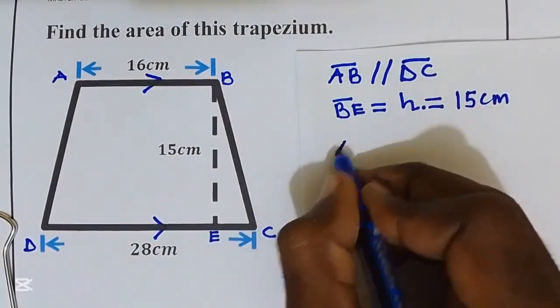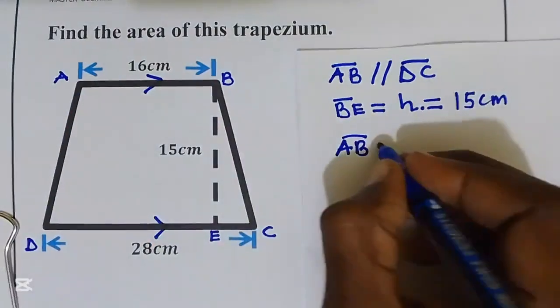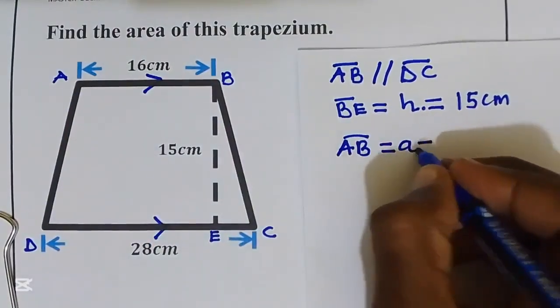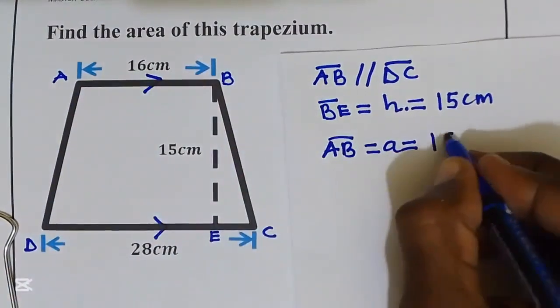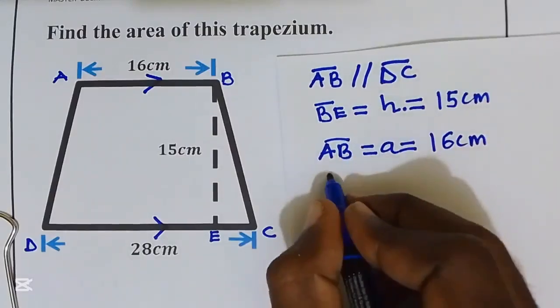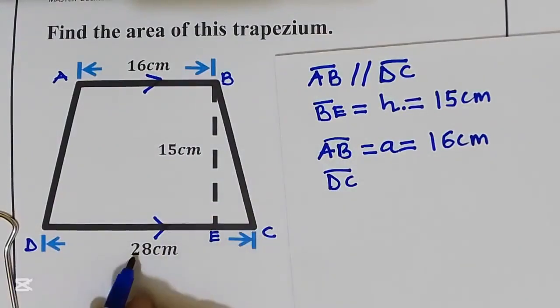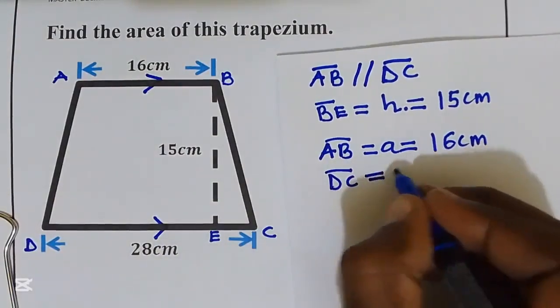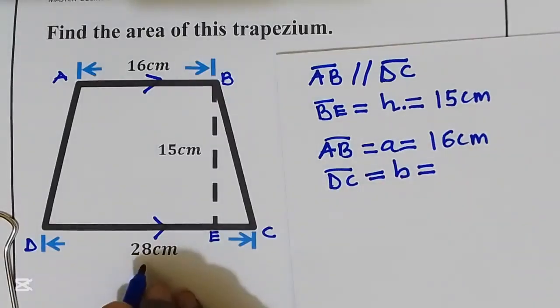AB, I'm going to call it as A, and this is equal to 16 centimeter. DC, that is DC, is equal to B. This is equal to 28 centimeter.